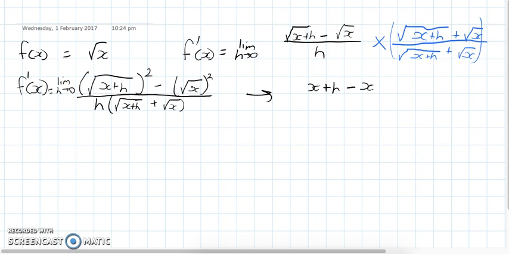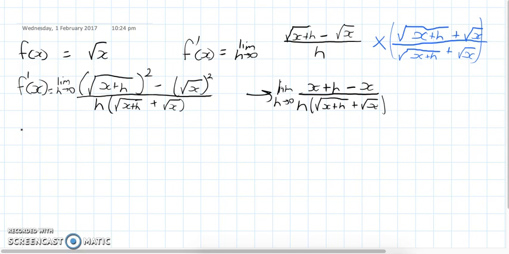Now, square root of a squared number is just that number, over h, square root of x plus h plus the square root of x. And obviously with our limit as h tends towards 0.